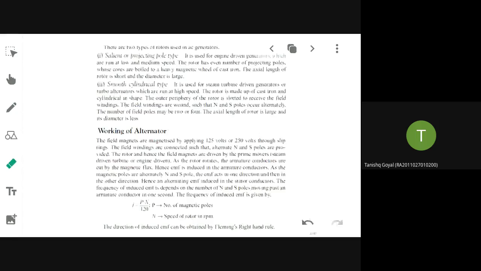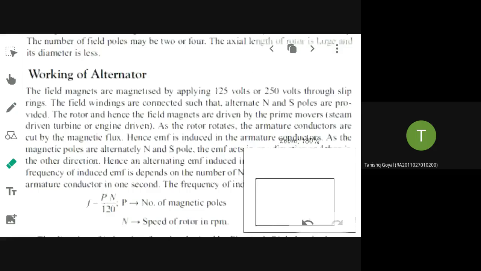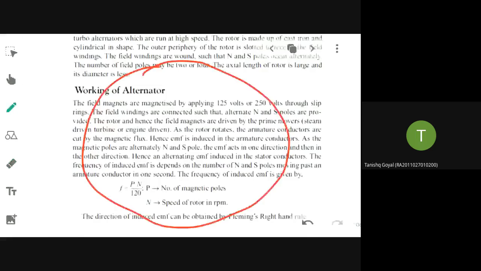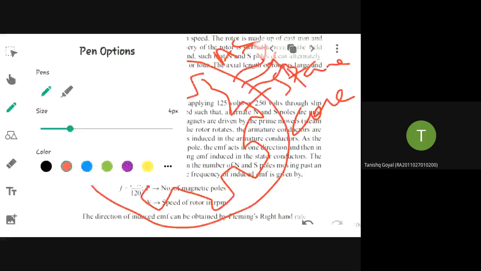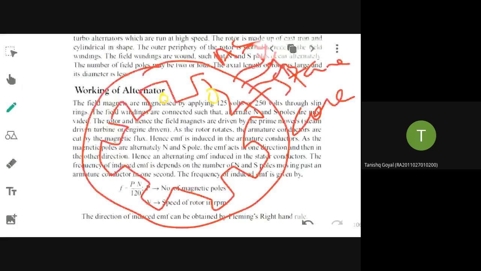As usual, you will be having a stator. The inner portion of the stator, the inner periphery, this is your stator core. Here you will be having R, Y, B. AC supply will be given, and here you will be keeping the stator conductors.